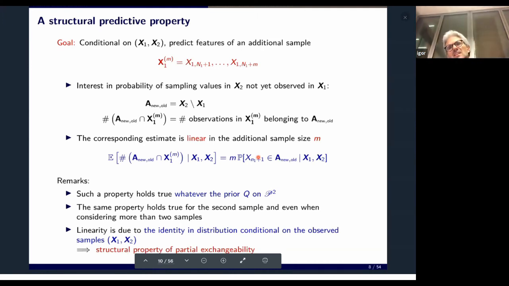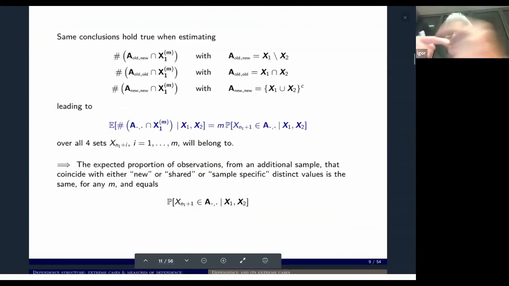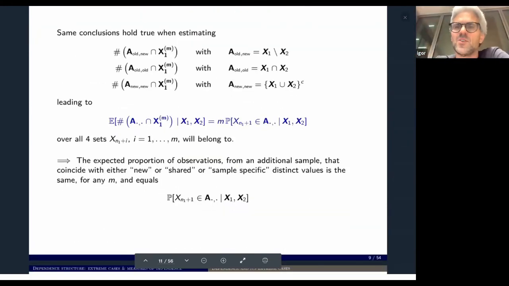Like in the binomial case, the expected number of successes is n, the number of trials, times the success probability, and here it ends up in the same way because of that conditional identity distribution. And that obviously holds true also for the second sample, and for the other possible combinations.